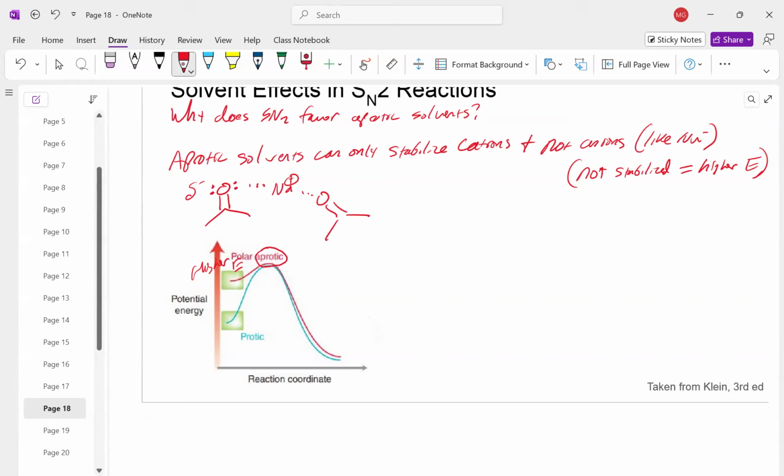Now, if we take a polar protic solvent like water, for example, water can stabilize cations, but it can also stabilize anions because water is capable of hydrogen bonding.